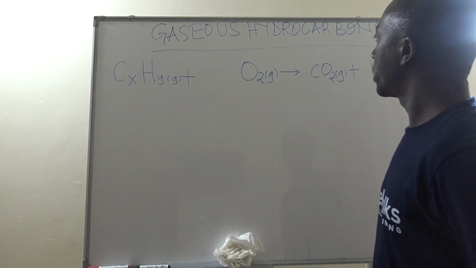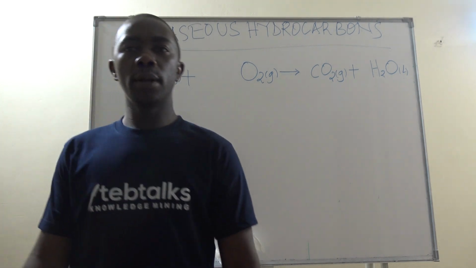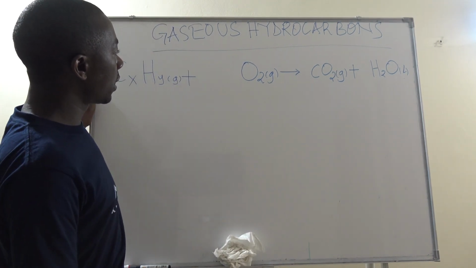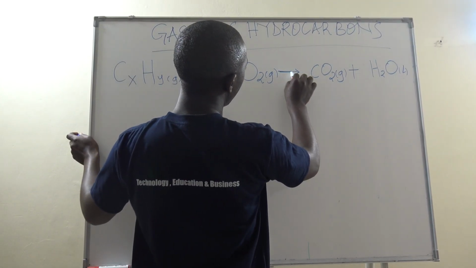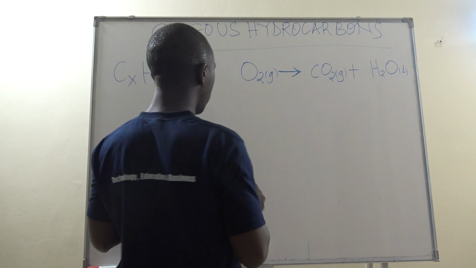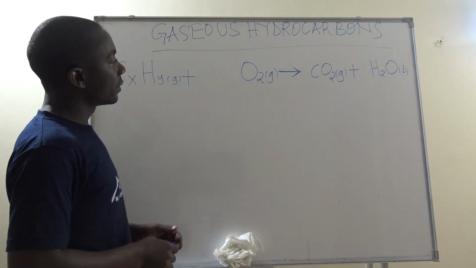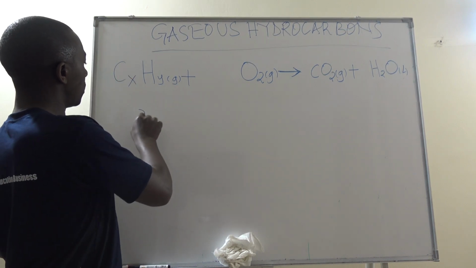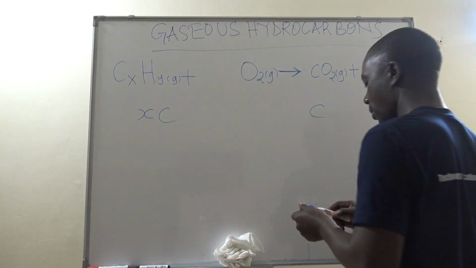Now, looking at this combustion of a gaseous hydrocarbon, we shall first of all look at balancing it. Oftentimes we tell learners to write and balance this equation. We start by looking at X. We have X carbons, but on this side we simply have one carbon.